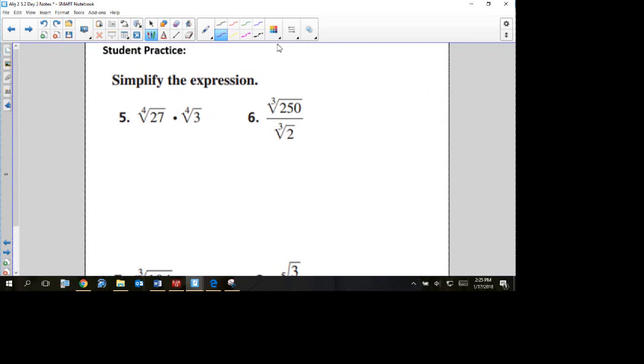Okay, 4th root of 27 times 4th root of 3. Ideas? Put them all under 1, so we're going to do 4th root of 27 times 3.